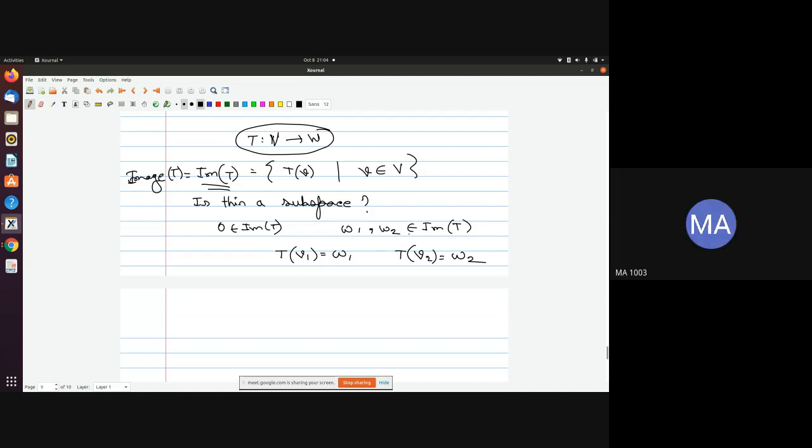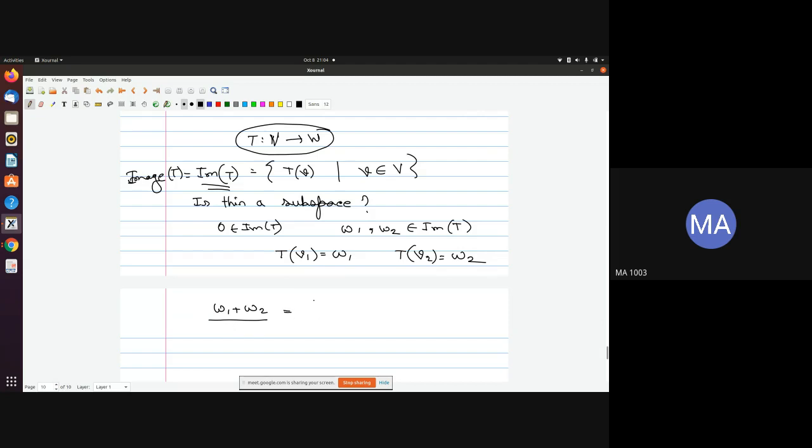Is it clear to everyone? Right. What about W1 plus W2? My question is, does it belong to the image or not? Is there any pre-image of W1 plus W2?